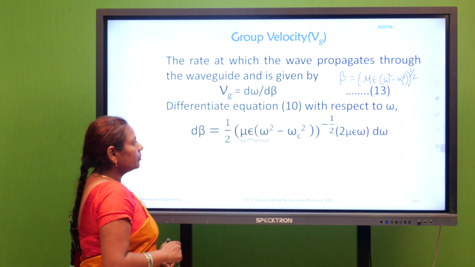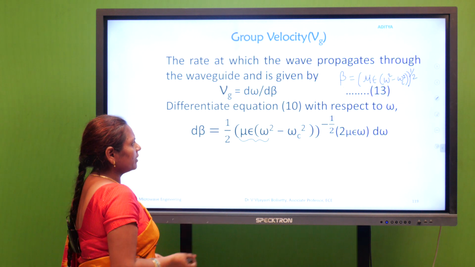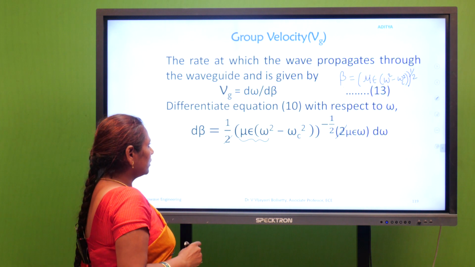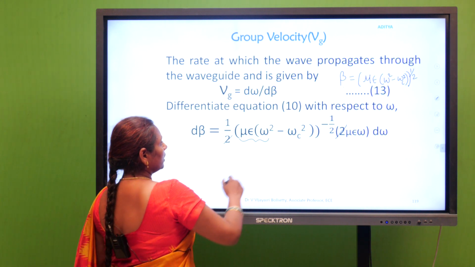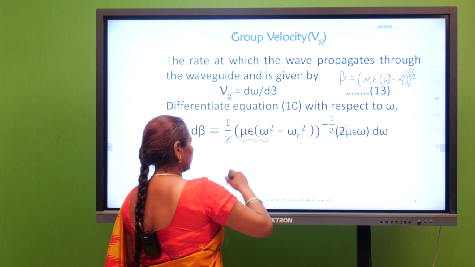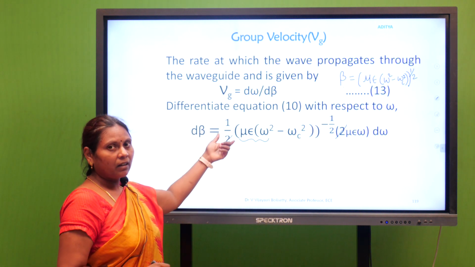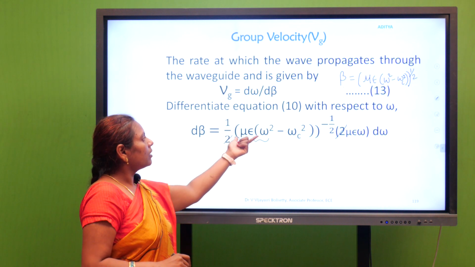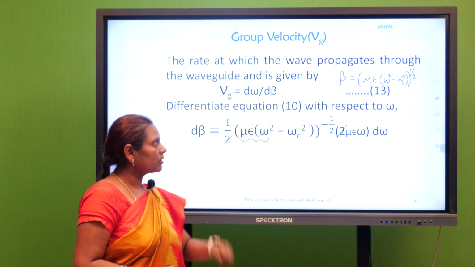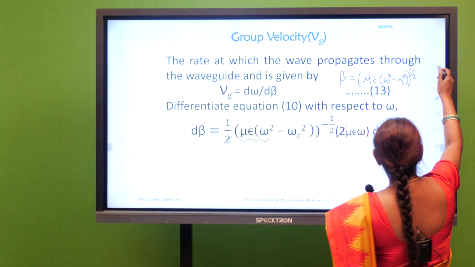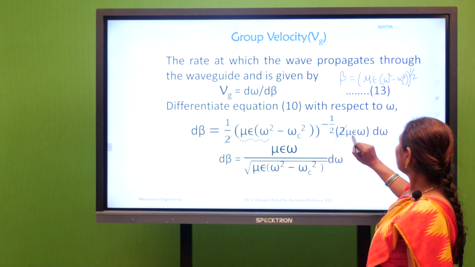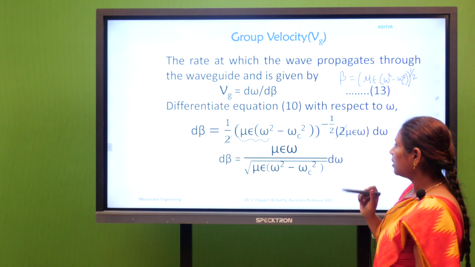Okay. Now by simplifying this equation, this 2 gets cancelled, and this is mu epsilon omega square minus omega c square whole power minus 1 by 2, which means it comes under the denominator. So this term is in the denominator, the square root of mu epsilon omega square minus omega c square, and the remaining term is mu epsilon omega d omega.